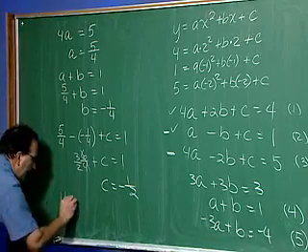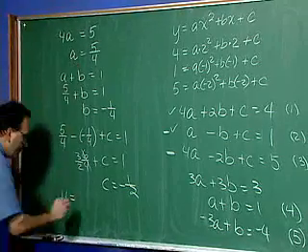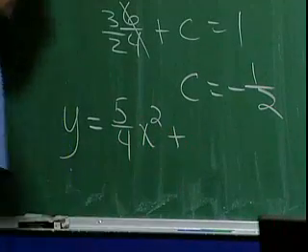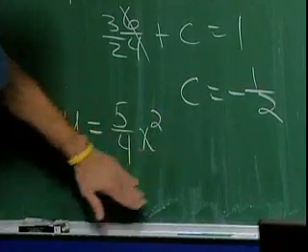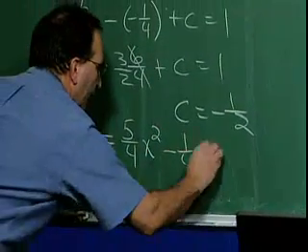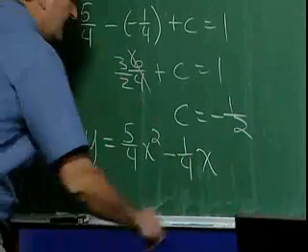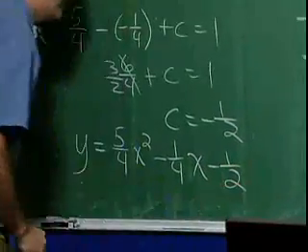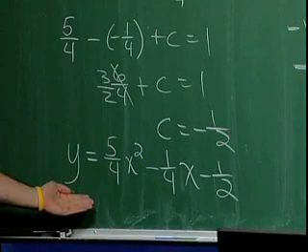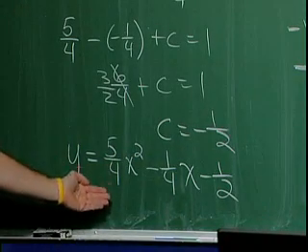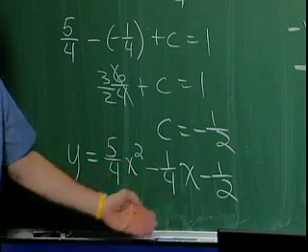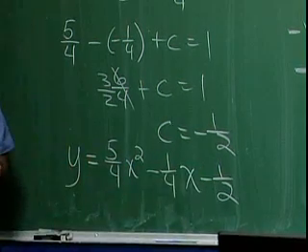So y equals a x squared plus, actually, sorry, it should be plus b, but b is negative, so it's minus 1/4 x, and then plus c, but c also is negative, so I get -1/2 at the end. So here's the equation of my parabola. Y is equal to 5/4 x squared minus 1/4 x minus 1/2.